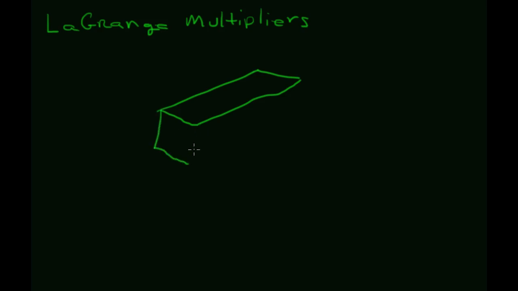Okay, so we're going to start off with fabricating a box, and this box is going to be height z with width y and length x, and it's going to be an open box, so you can look down inside of it. So the box is open.